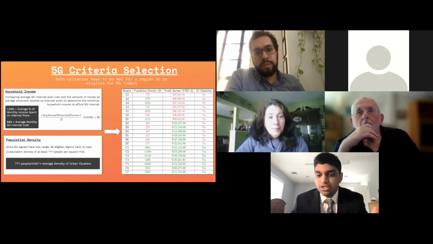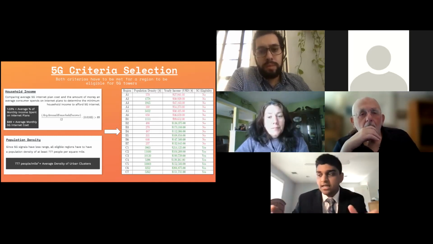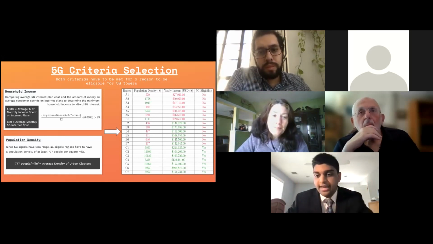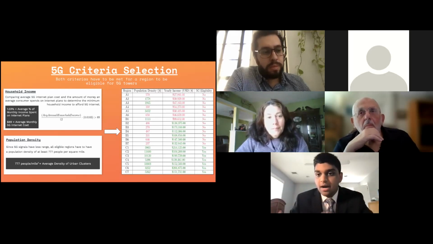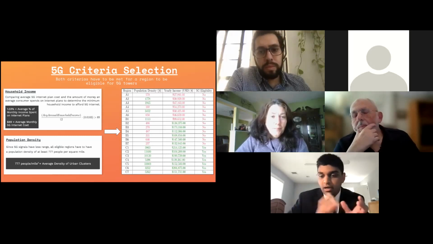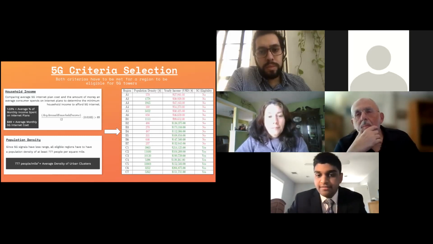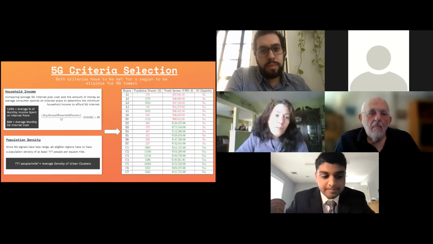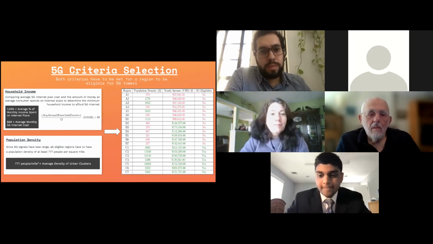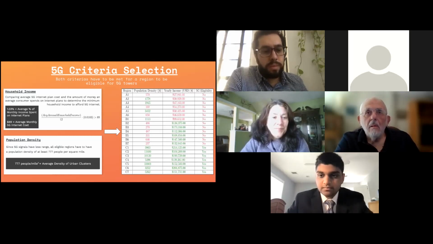Unlike 4G towers, 5G nodes are placed on things like traffic lights or anywhere those locations aren't really built in. So a lot of that comes down to looking at a city individually and determining on a one-on-one basis if it's suitable for 5G, using a lot of the things that were limitations in our model. Thanks.